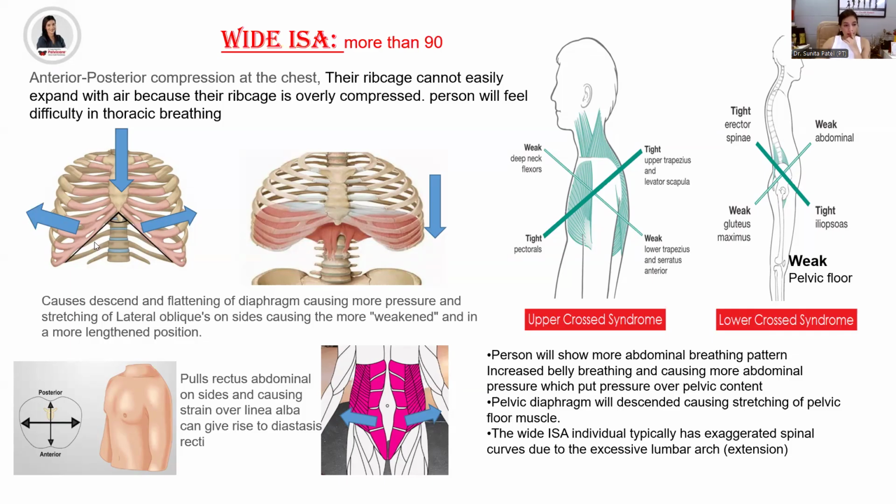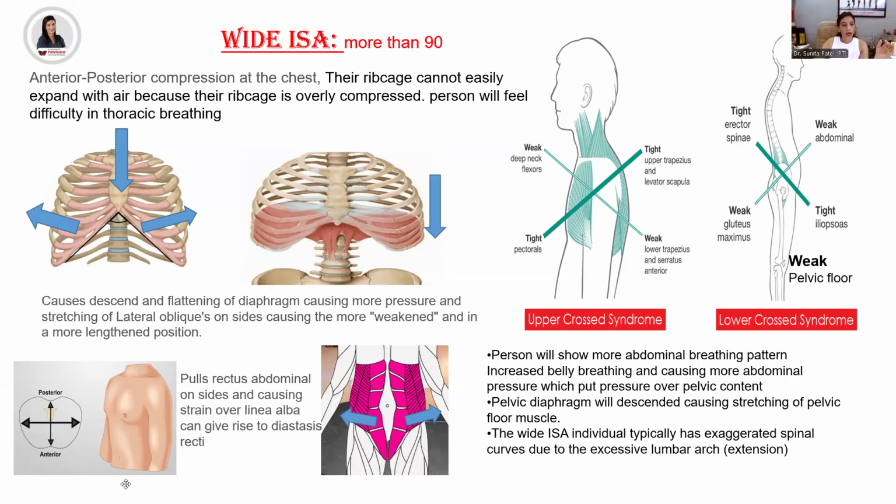Due to descending pressure, there will be flaring of the ribs, causing descent and flattening of the diaphragm, causing more pressure and stretching of the lateral obliques on the side, causing weakness of the oblique muscles. More lengthened, weaker oblique muscles will pull the rectus abdominis to the side, causing strain over the linea alba, and can give rise to diastasis recti. Please take a screenshot of this slide.